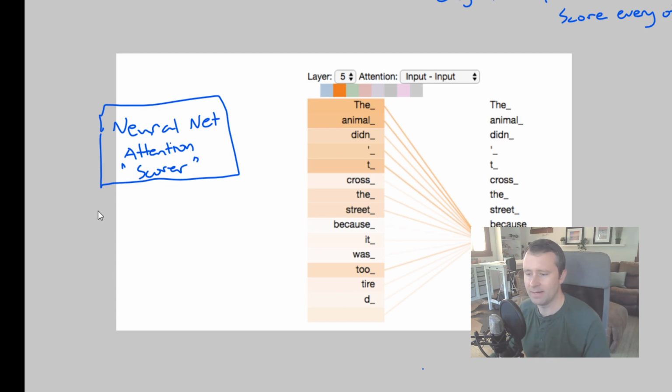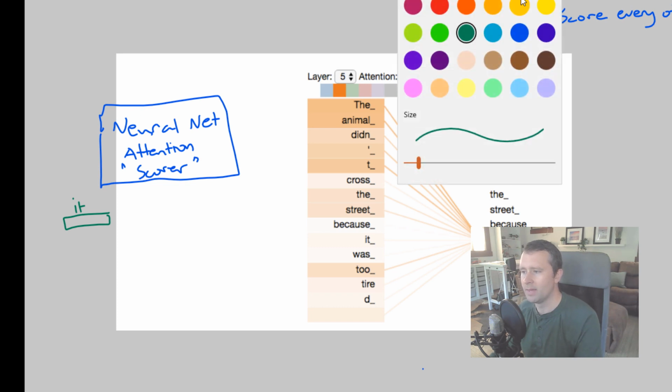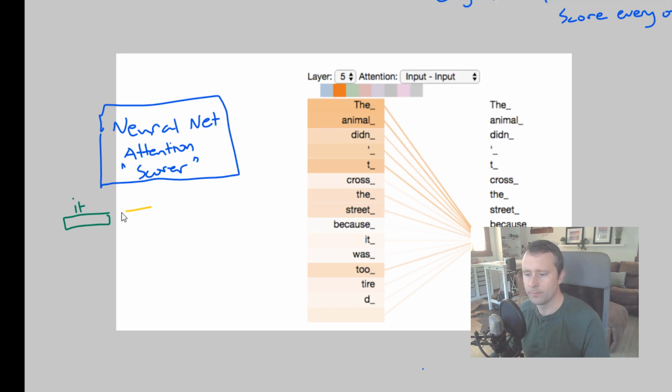We could go through every word in the sentence, concatenate the embedding for it with the embedding for "the", feed that into this model, and then produce some kind of score for the relevance of the word "the".